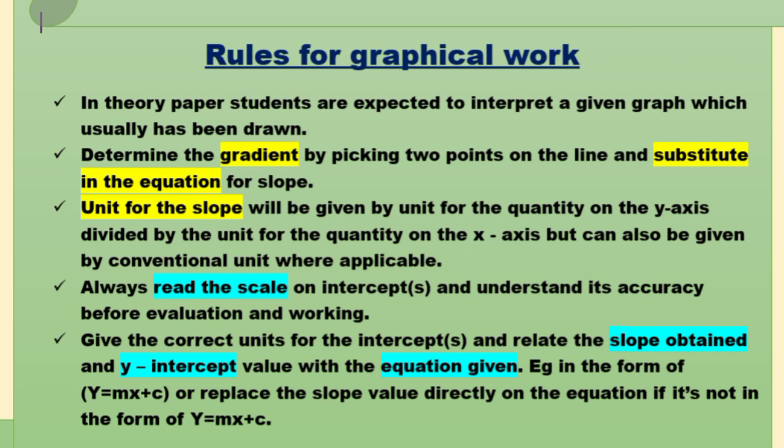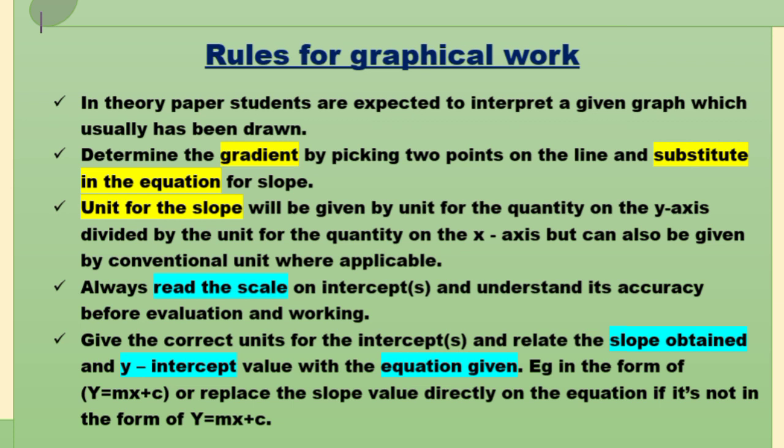Give the correct units for the intercepts and relate the slope and y-intercept obtained with the equation given.